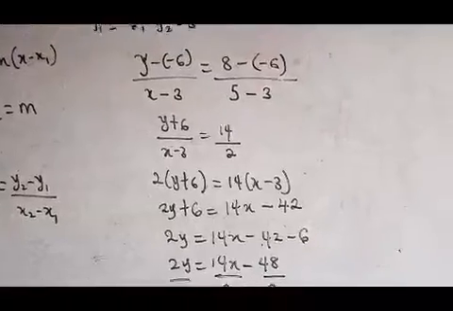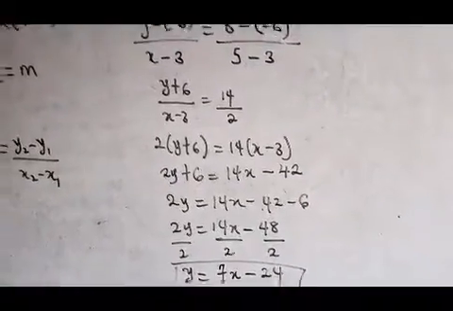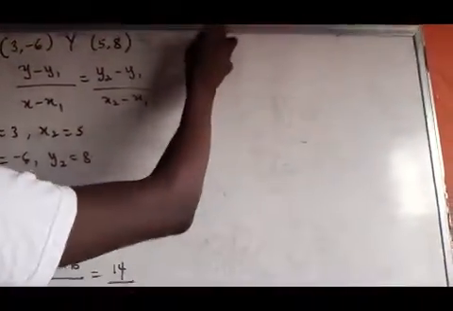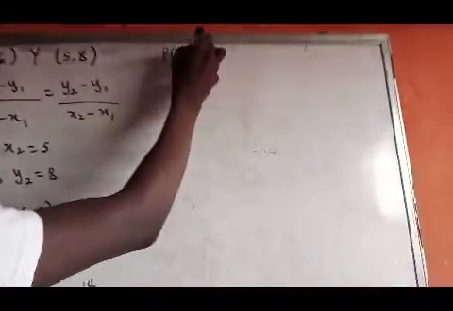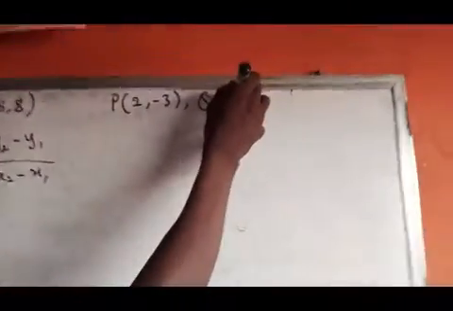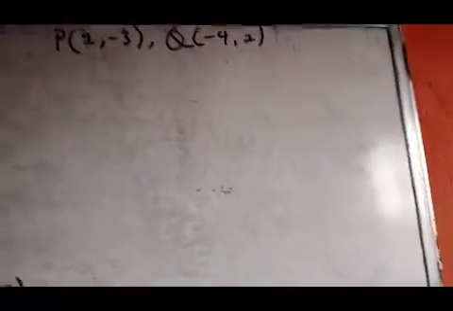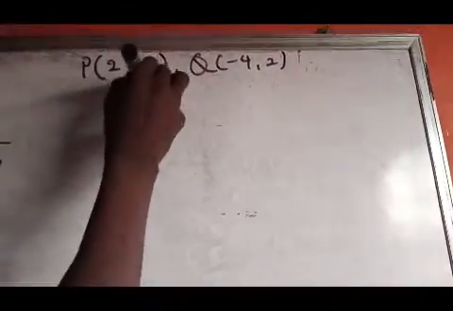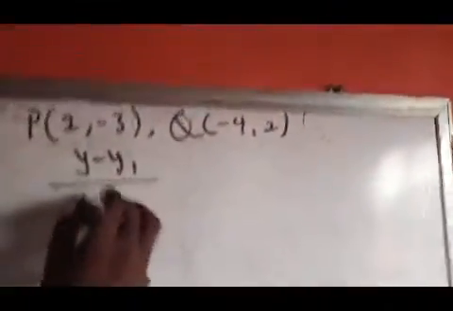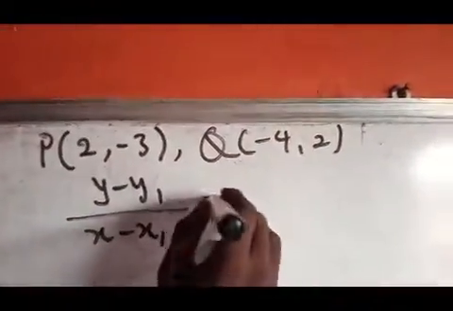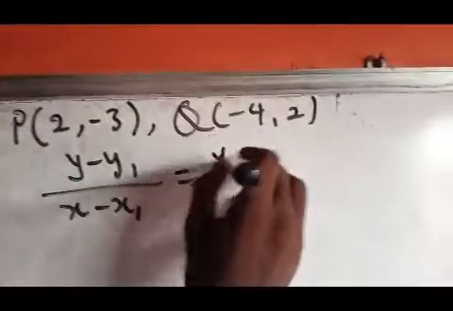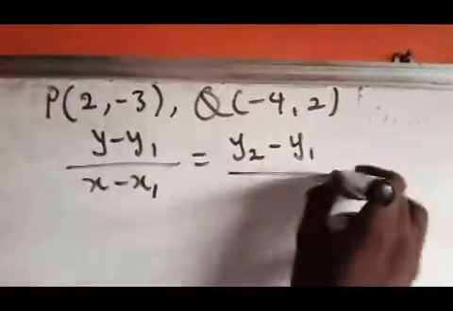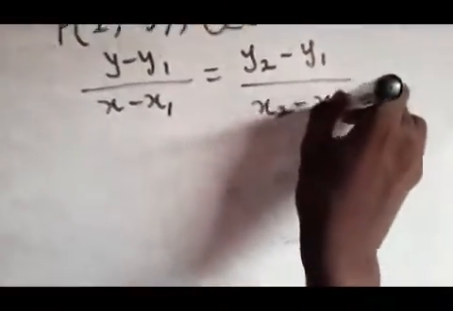So let's see the second example before we wrap up today's class. Let's say we have a point P to be 2 and minus 3, and I have a point Q to be minus 4 and 2. Now what will be the equation? The same formula: y minus y1 over x minus x1 equals y2 minus y1 over x2 minus x1.